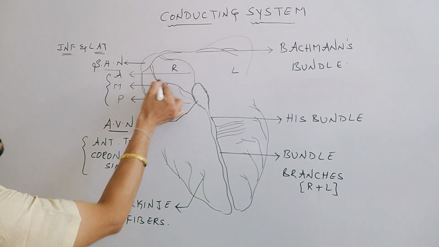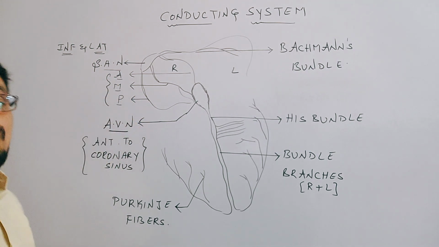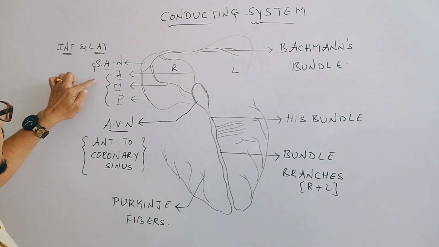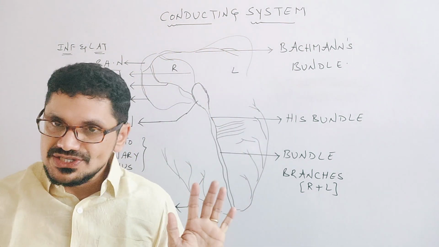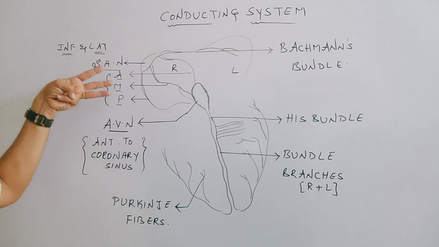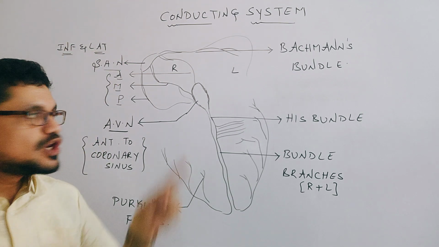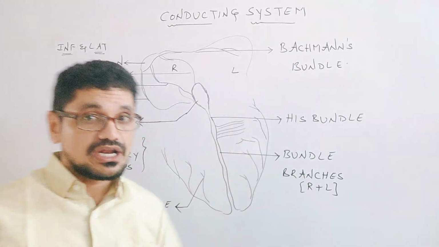Similarly, from the SAN three more branches come: A for anterior, M for middle, P for posterior. These are the three internodal branches coming from the SAN, which give the signal to the AVN, the atrioventricular node.